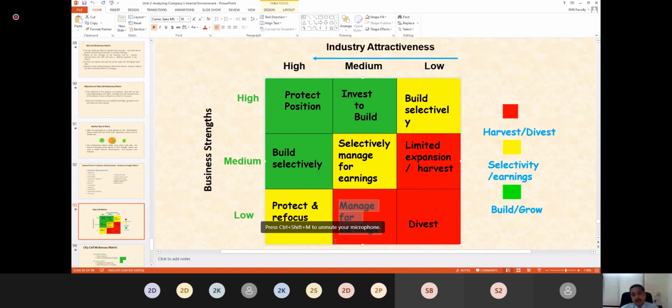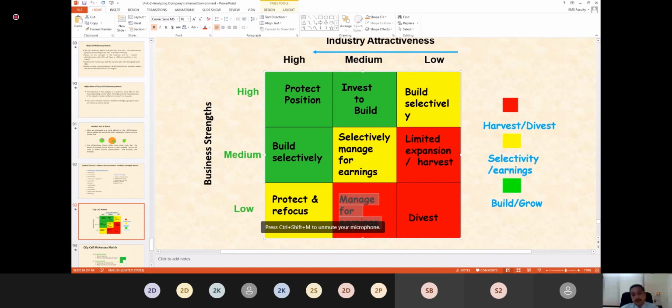And the last category which we have to discuss is the category wherein the industry attractiveness is also less and the business strength is also very less. So this kind of business is worth closing. There is no further scope for continuing this business as the industry attractiveness is very less and business strengths are also very less.